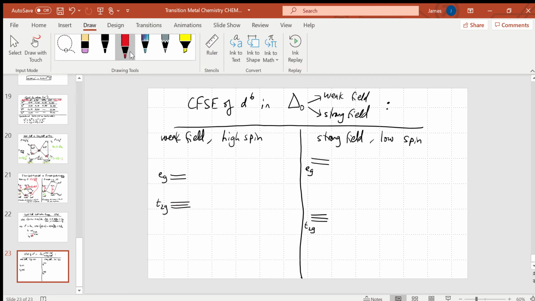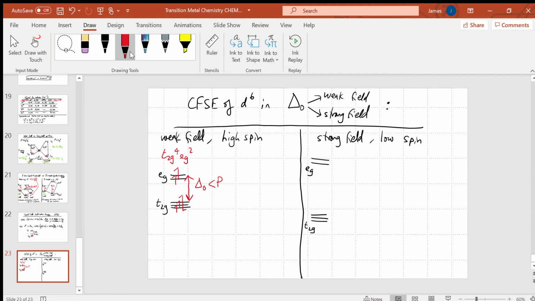So let's put our 6 in, so hunt, hunt, hunt, jump, 4, 5, 6. So we have t2g4 eg2 versus our strong field, because don't forget here we have delta O is less than the pairing energy.